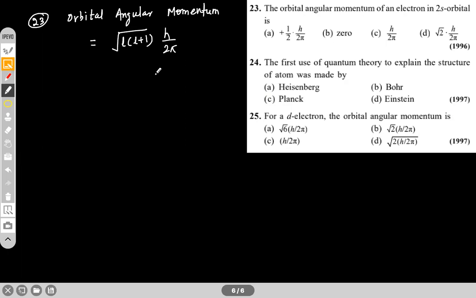Now we know the L value for each orbital.